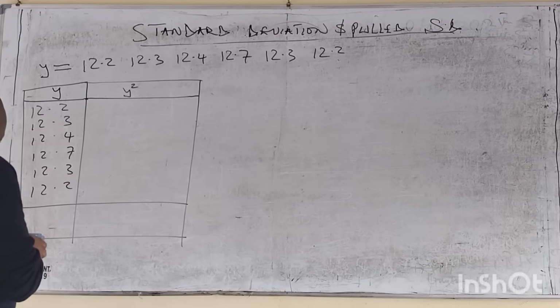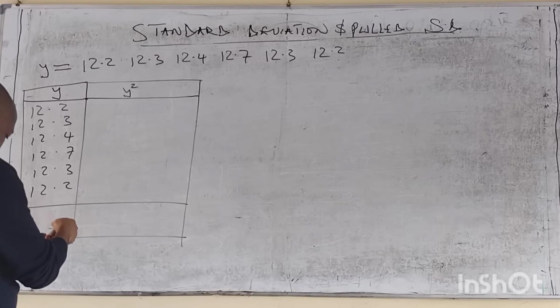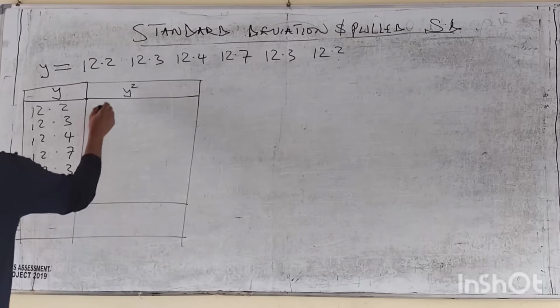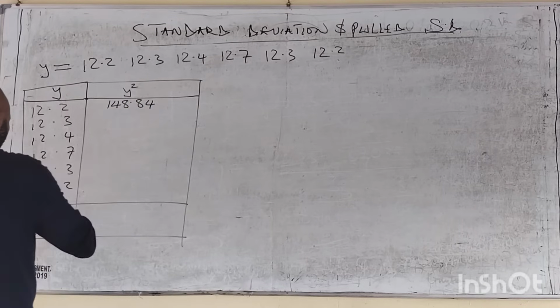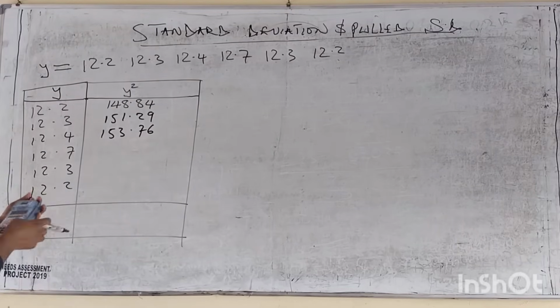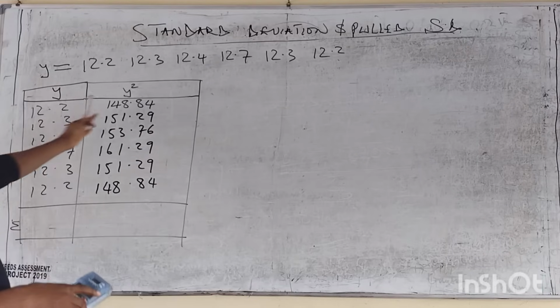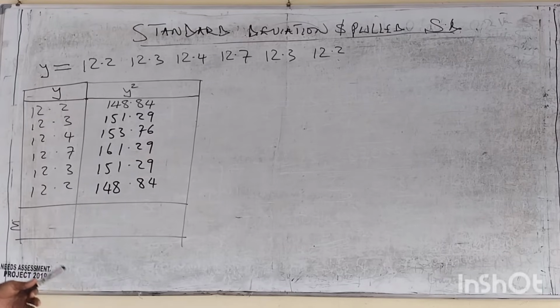12.2 squared is 148.84. These are the squares of y. So let's see the summation.